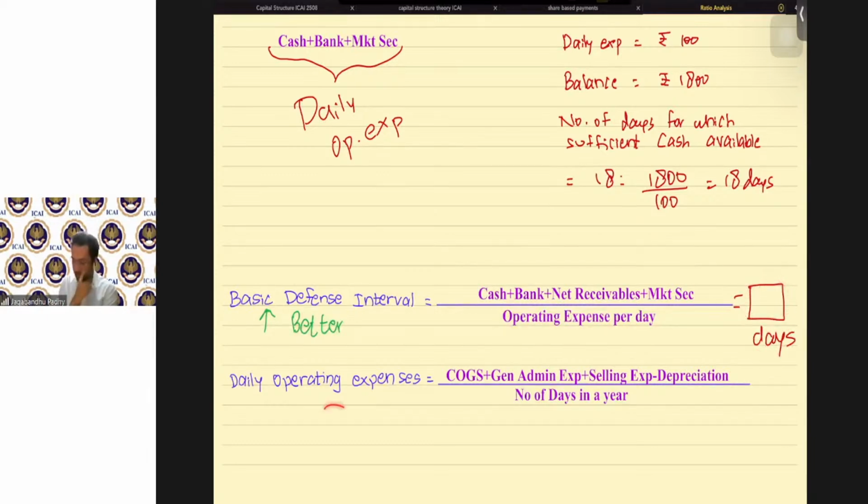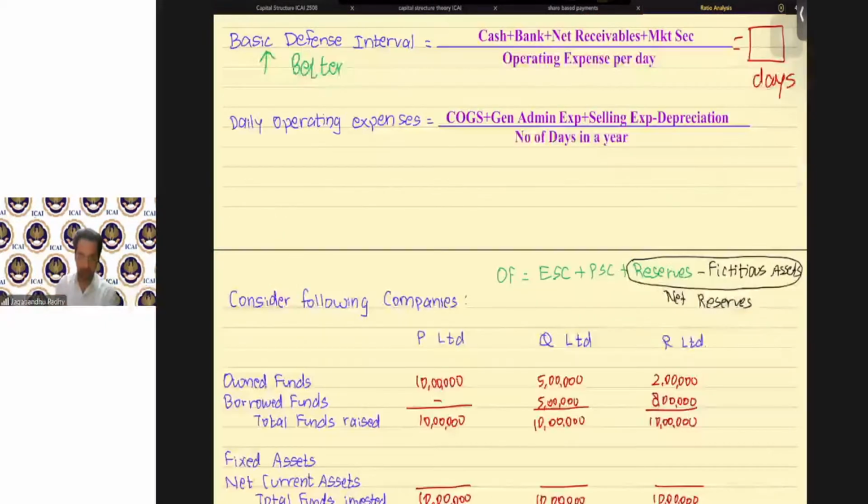Daily operating expenses, we computed as COGS, general admin expense, plus selling expenses, reduced by any amount of depreciation and divided by the number of days, which was basically your annual cash expense divided by the number of days. And this was taken as a denominator.